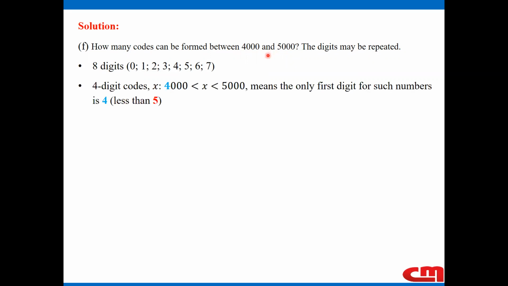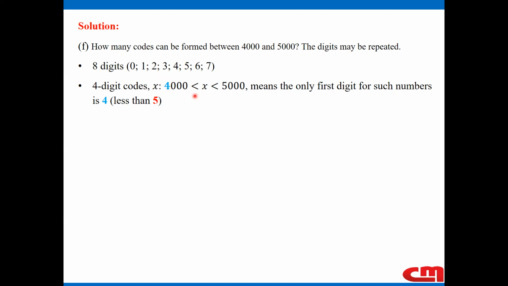So the 4-digit codes, let's say they are represented by X. Those codes X should be between 4,000 and 5,000, right? This means that the only first digit for such numbers is 4. We have to start with the 4.